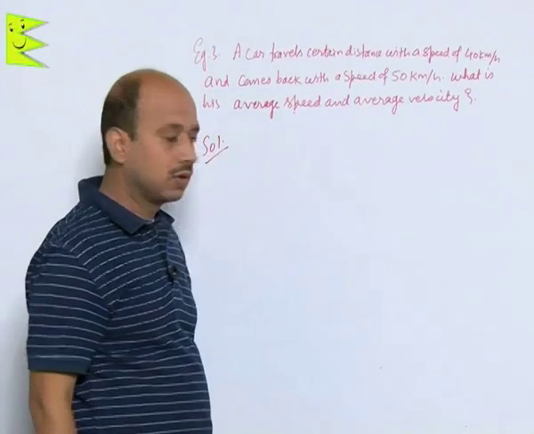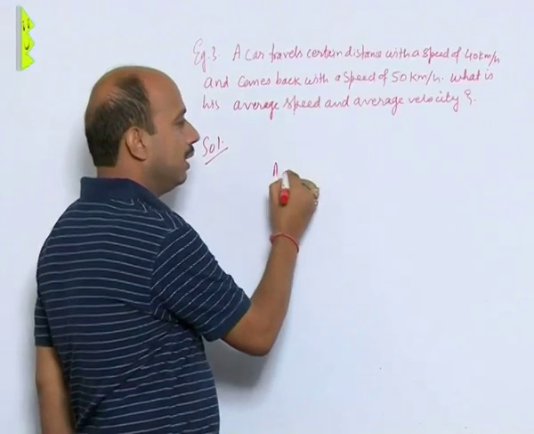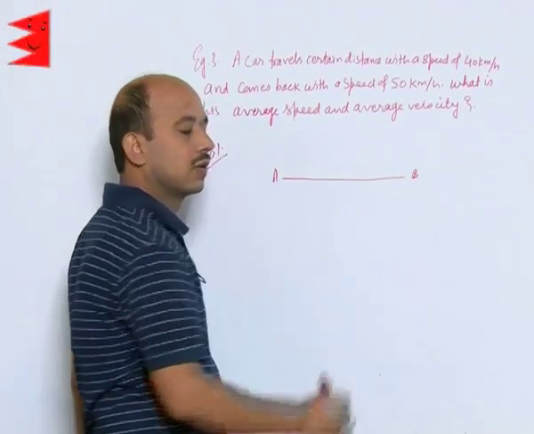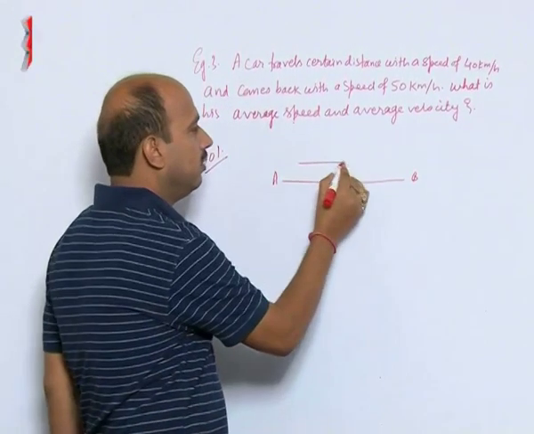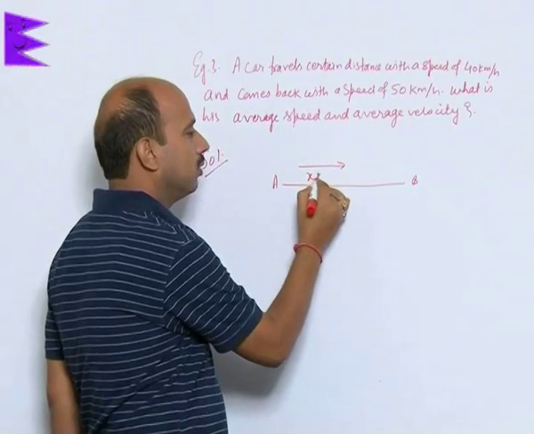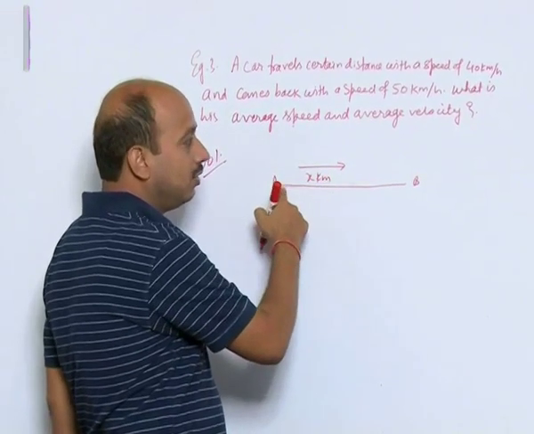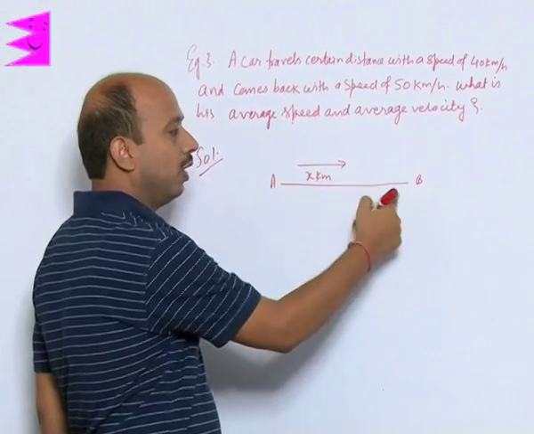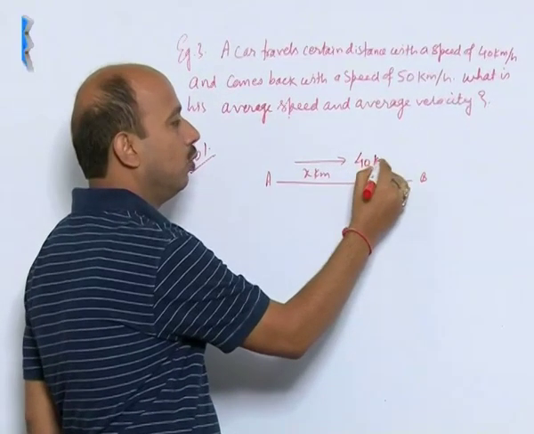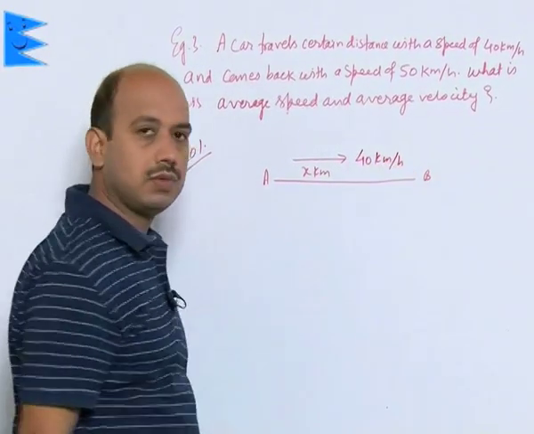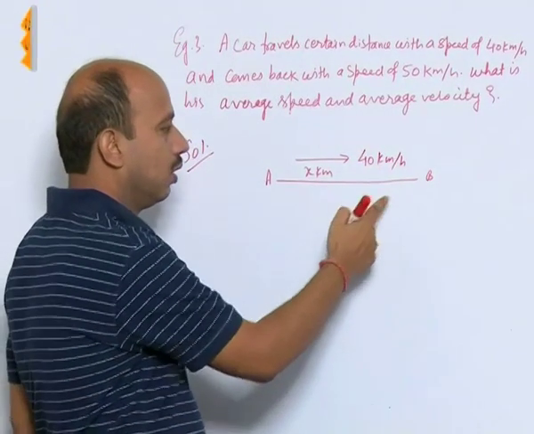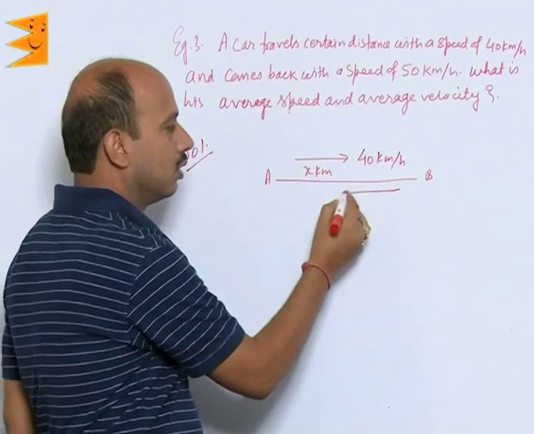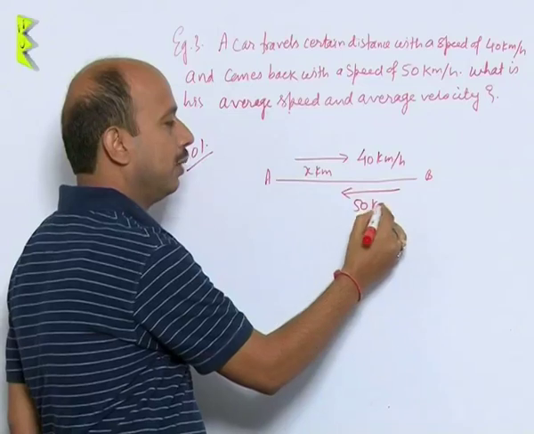Suppose the object goes A to B. This distance is suppose x kilometer and the car is going with a speed of 40 kilometer per hour, A to B. While coming back, the speed is 50 kilometer per hour.